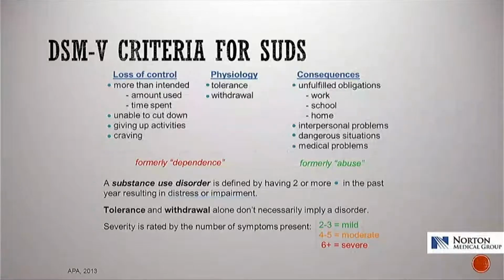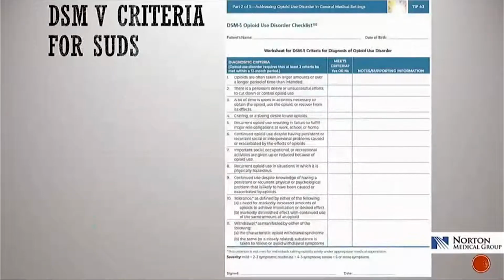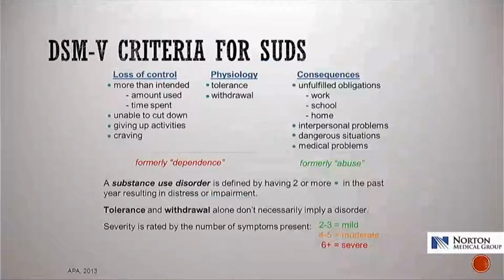So as prescribers, providers, and diagnosticians moving forward, I strongly encourage you to use this criteria in terms of diagnosing a use disorder. There's an opportunity to note just tolerance or withdrawal in and of itself, but a substance use disorder, which will necessitate a significantly greater amount of care, should be diagnosed under this.